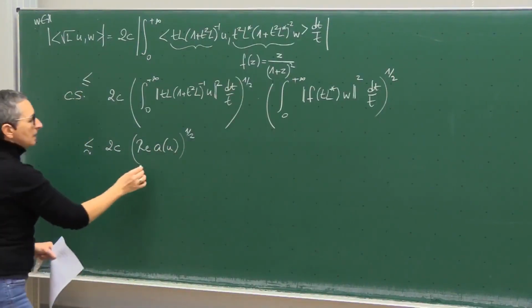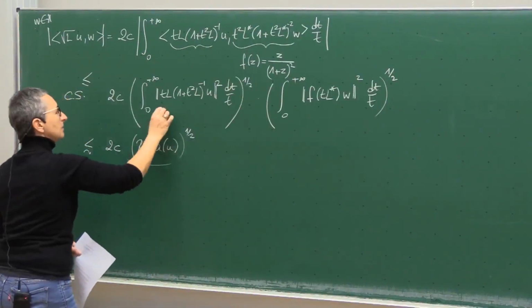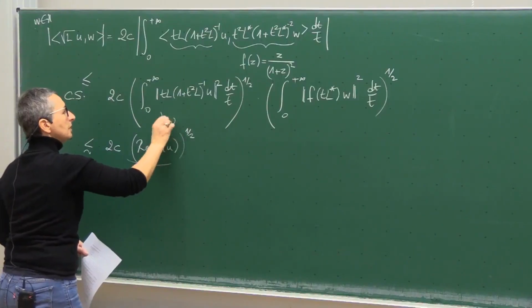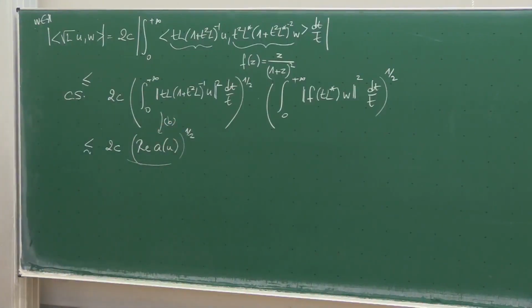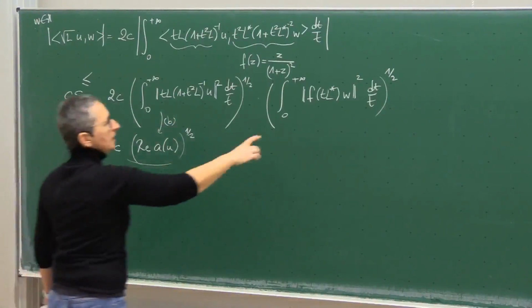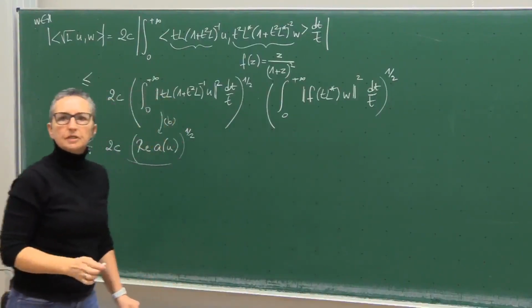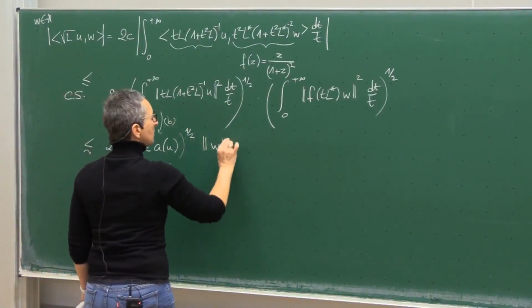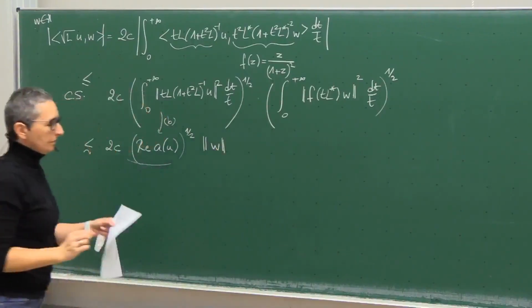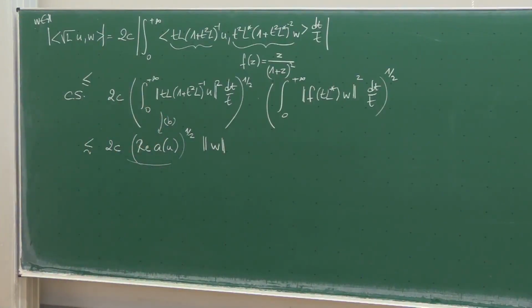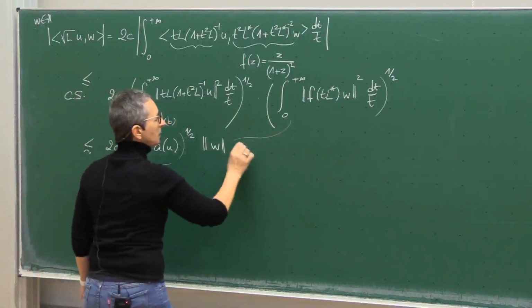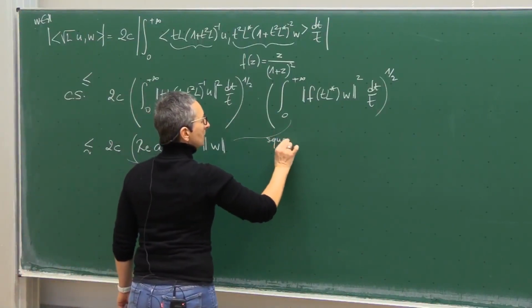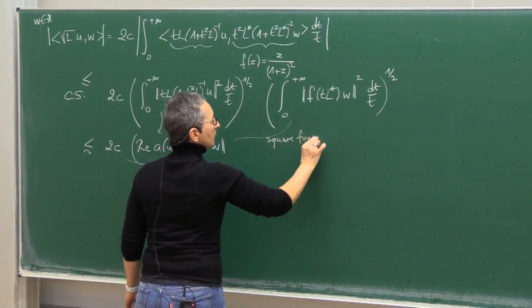So from here to here I use my assumption B. And here, by the square function estimate, this one is smaller than the norm of W. This is from here to here, the square function estimate.